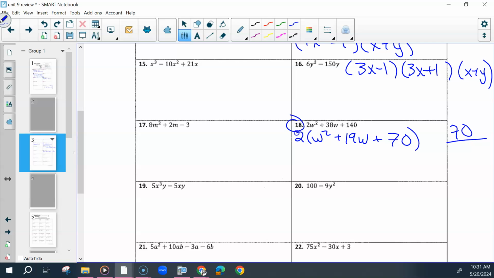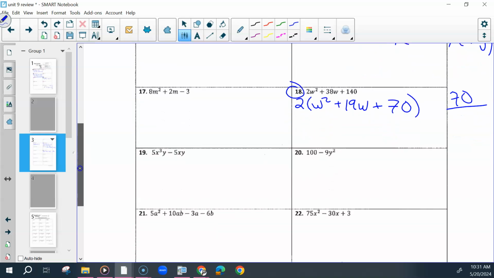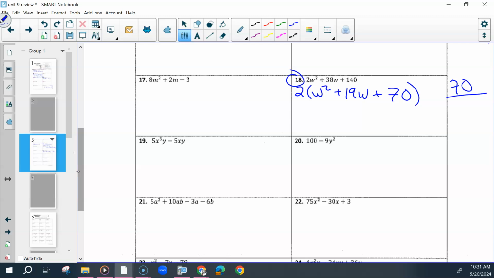What are factors of 70? What did you say? 35 and 2. That would not add to 19. 14 and 5.